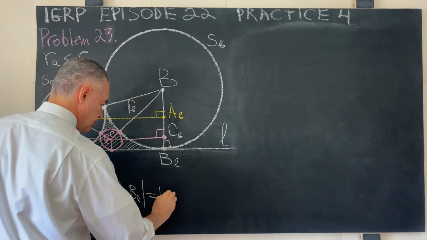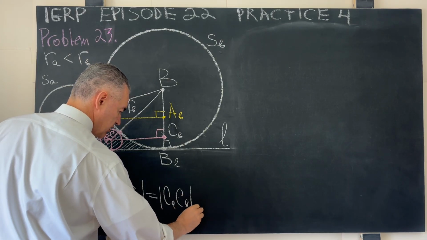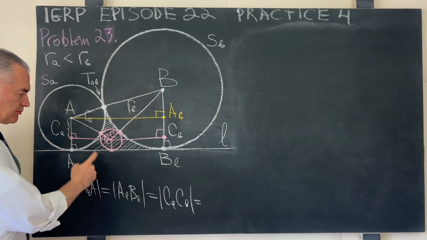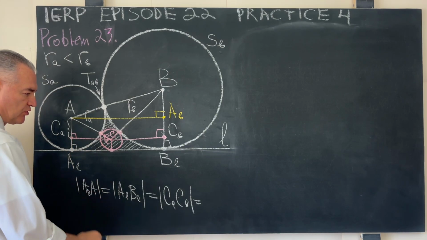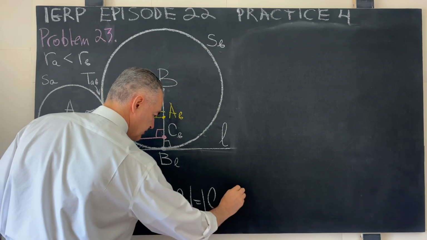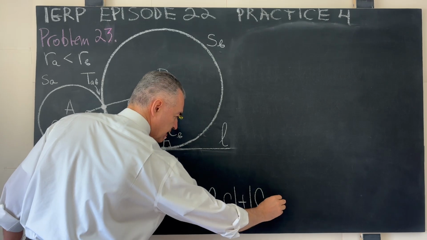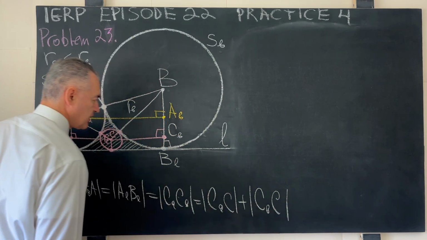That is equal to the distance between the points CA and CB. Because this distance is composite, we can represent it as the sum of the distances CAC plus CBC, as is evident over here.